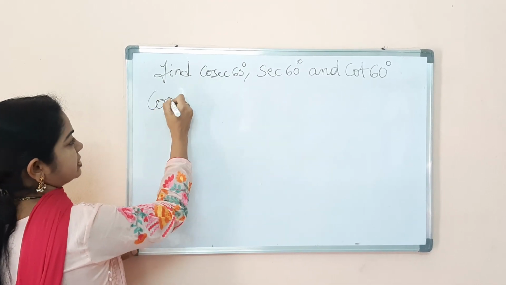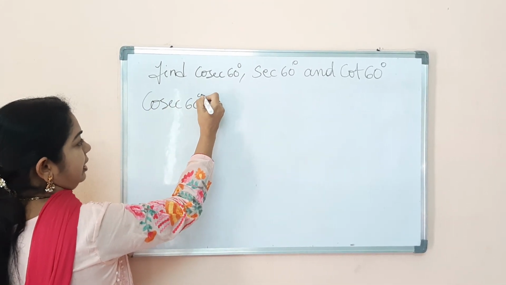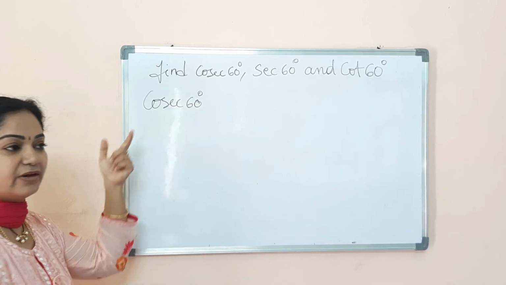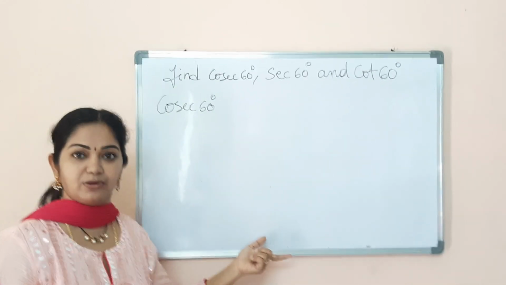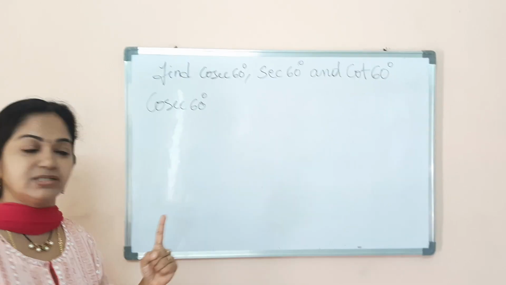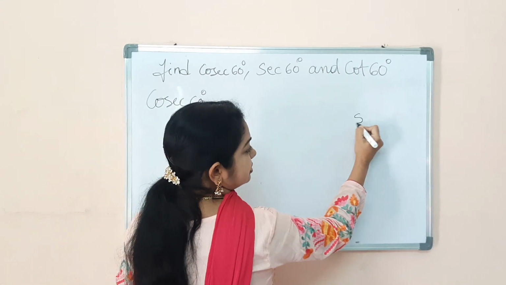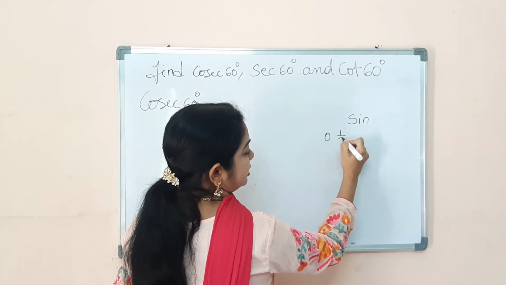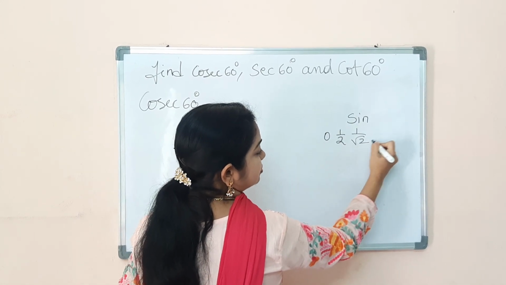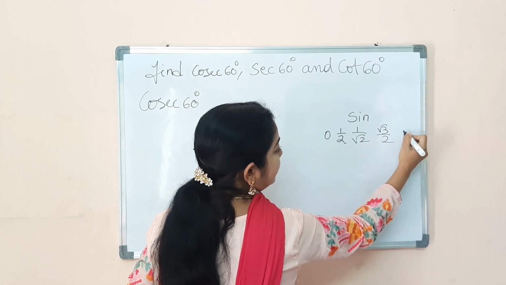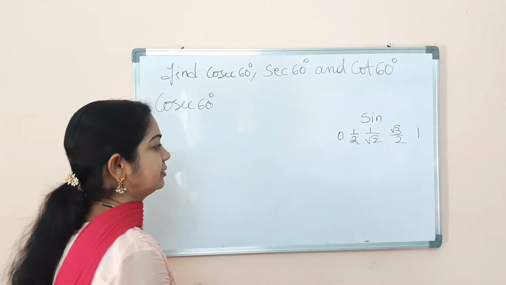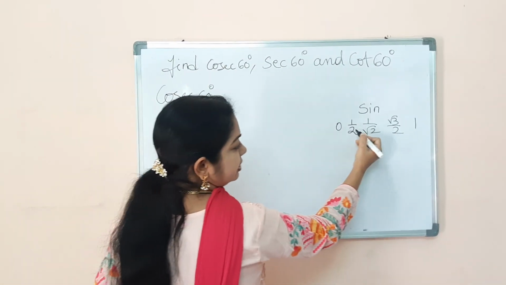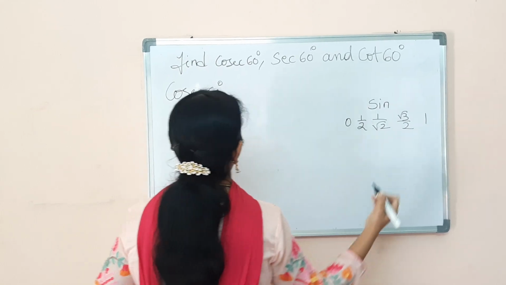I want to find the cosecant 60 degrees. So any trigonometric ratio, we have to bring it into the sine functions, because I only remember the sine functions. So let me write down the sine values: 0, 1 by 2, 1 by root 2, root 3 by 2 and 1. That means 0 degrees, 30, 45, 60 and 90 degrees.